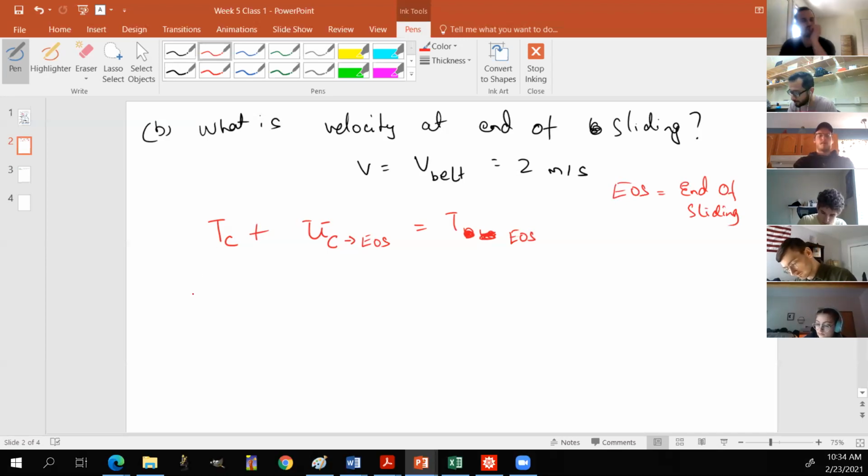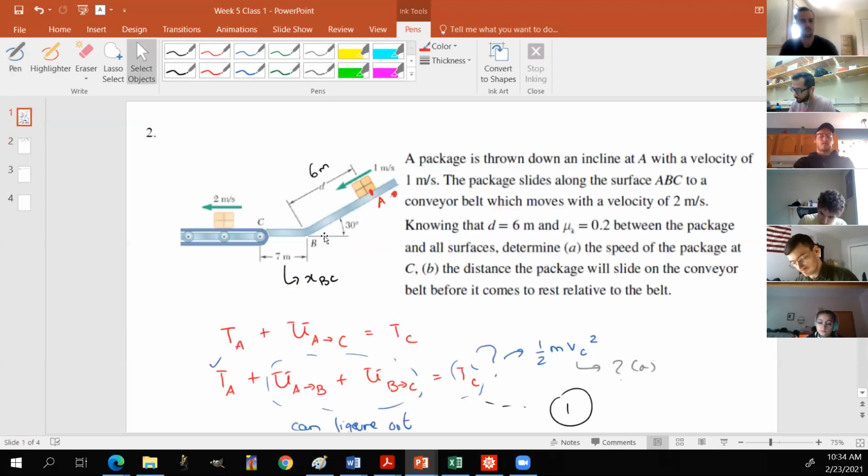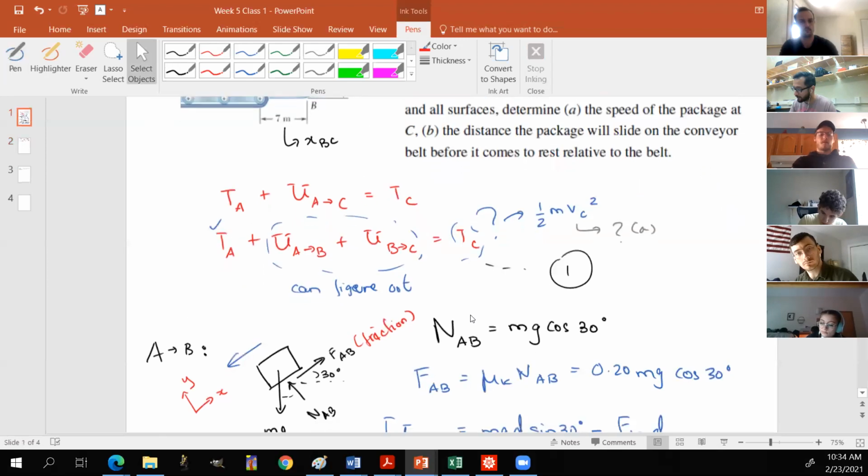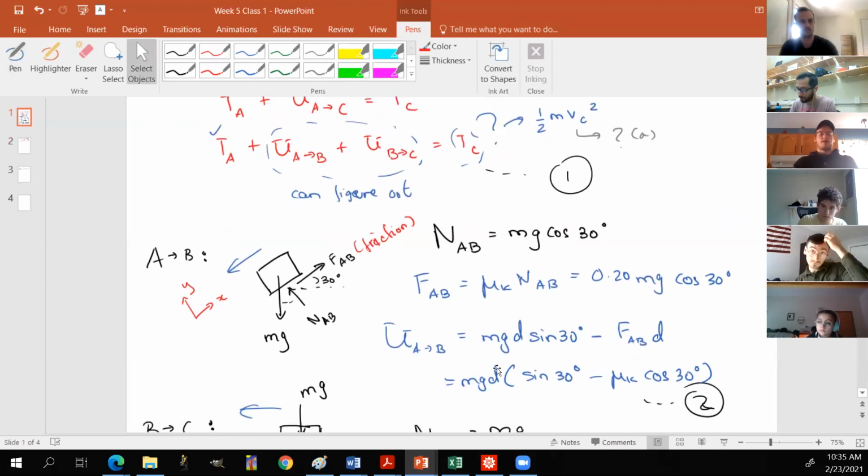So initial kinetic energy is 1/2 m Vc squared. We know this. We found this out from the previous part. We also know the work done in sliding horizontally. It's going to be the same because the friction is the same.